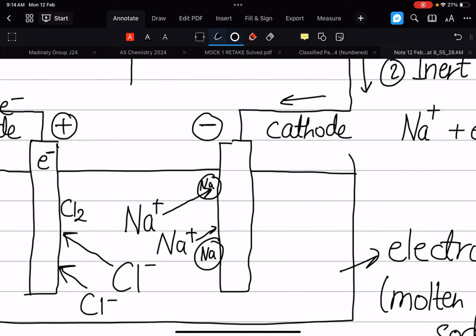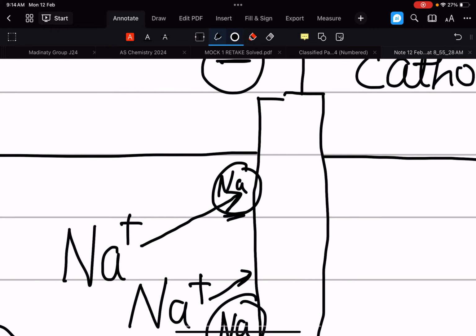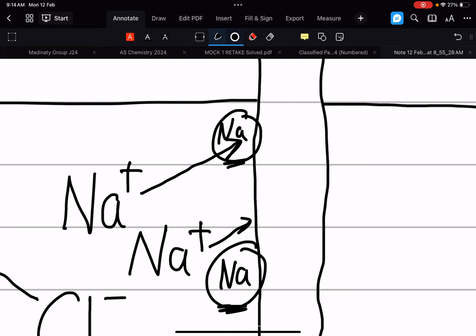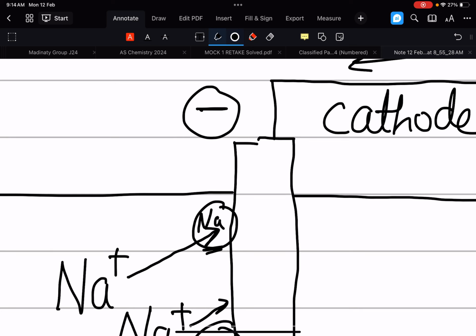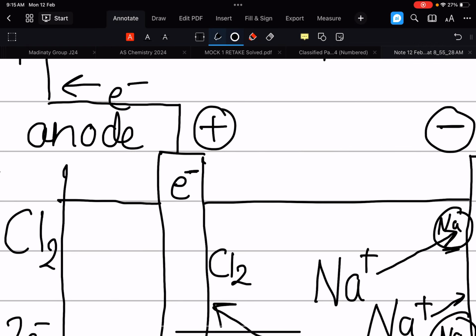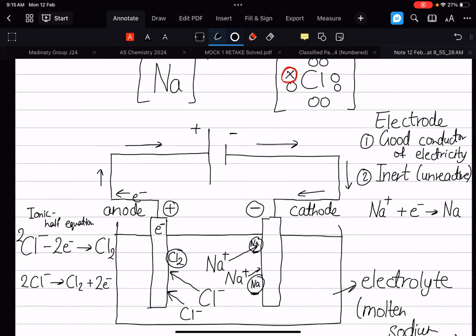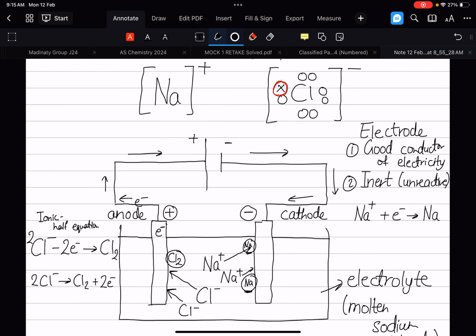Actually, they need to be unreactive because when sodium element is formed at the cathode, if the cathode is reactive, it can react with the sodium, forming another compound, making this experiment useless. Or the chlorine: if the anode is reactive, the anode will react with the chlorine, forming another compound, so that I won't have chlorine separated as an element.